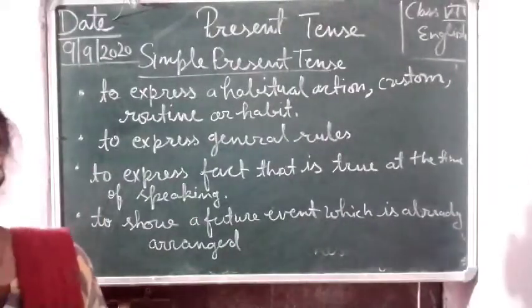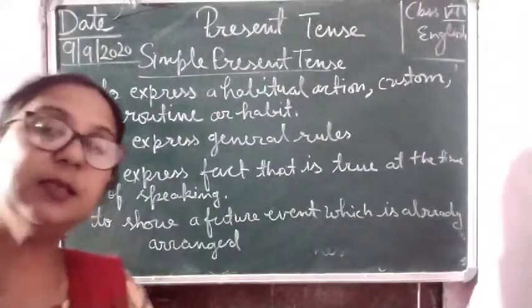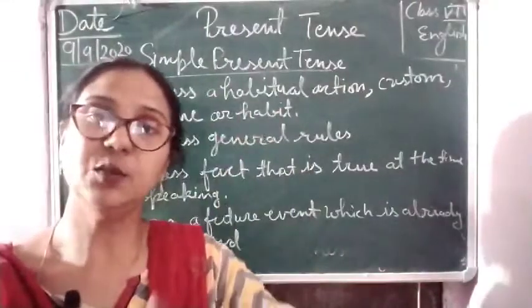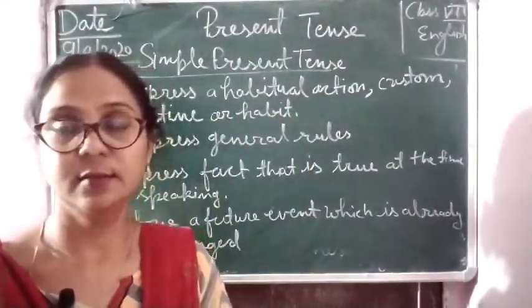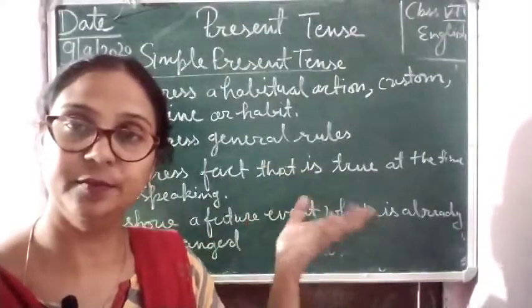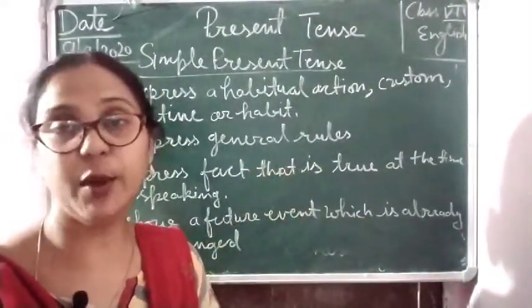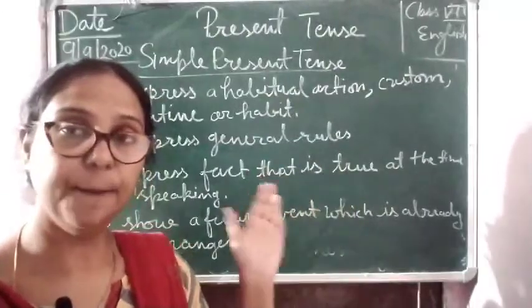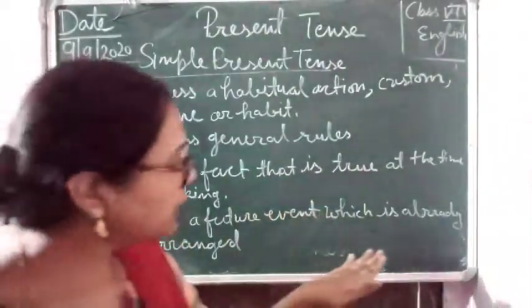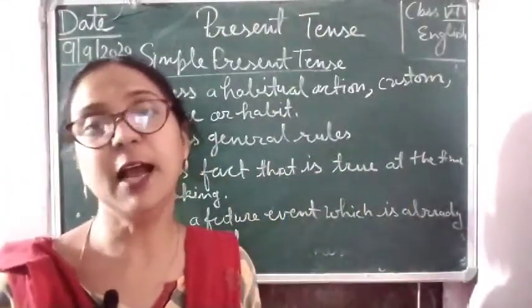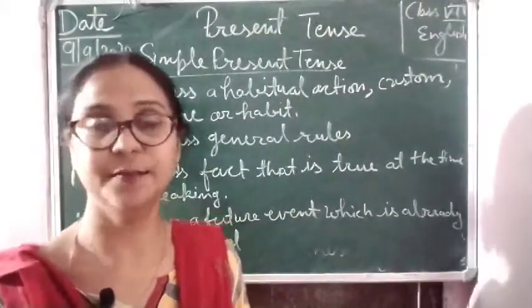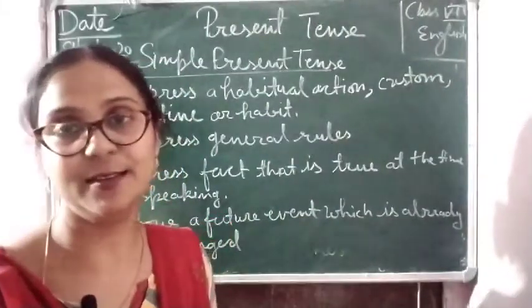The IPL matches begin tomorrow. It means it is fixed. It is well arranged before it starts. So it is arranged in the past, but it is going to happen in the future. At that time we are supposed to use simple present tense.